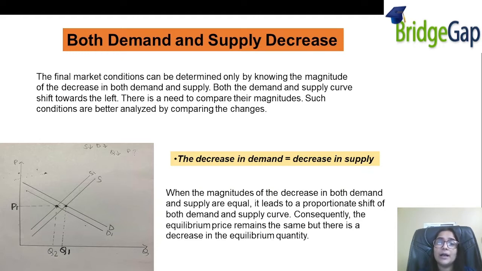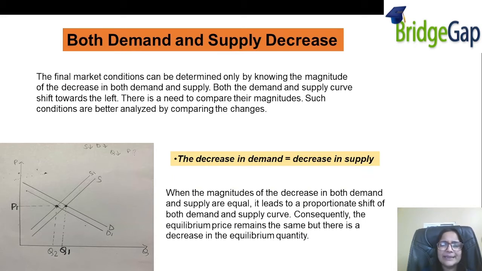Obviously, we should be aware of how much demand and supply have each decreased by. The magnitude is very important because it plays a crucial role in deciding the new market equilibrium price and quantity. There is a need to compare their magnitudes, and such conditions are better analyzed by comparing the changes.